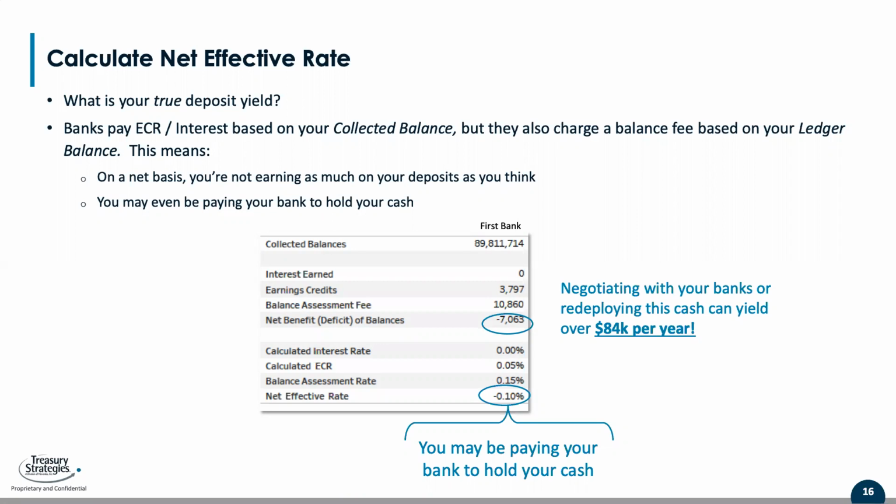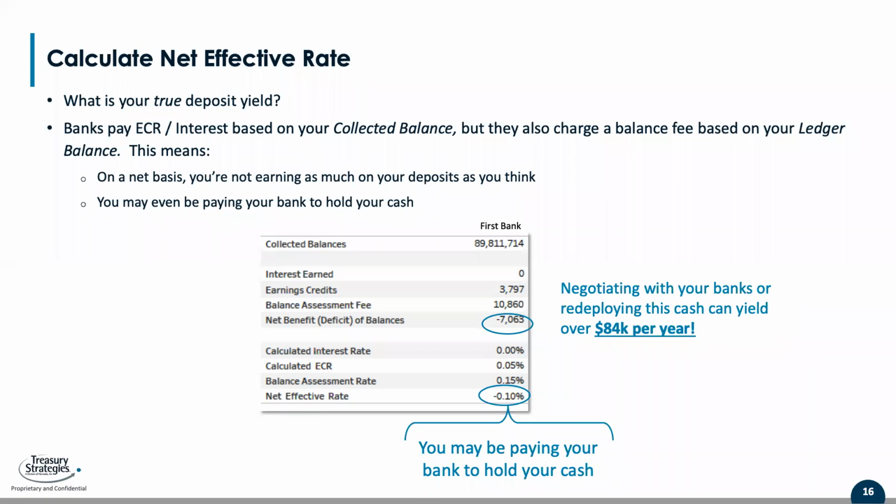And so this balance assessment fee, this is a fee that the bank calculates. It's based off of your ledger balance, while earnings credits are paid off of your collected balance. So that means you're also paying for any float that's out there as well. And really this balance assessment fee, as we show in this particular example, we've seen on multiple occasions wipes out any benefit that you get in the form of earnings credits, which means that you may actually still be paying your bank to hold your balances for you.